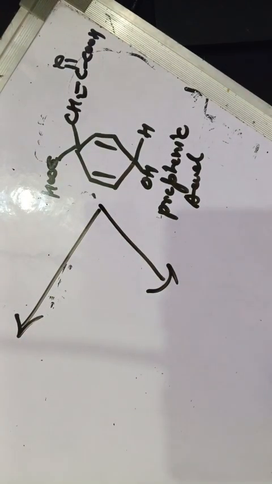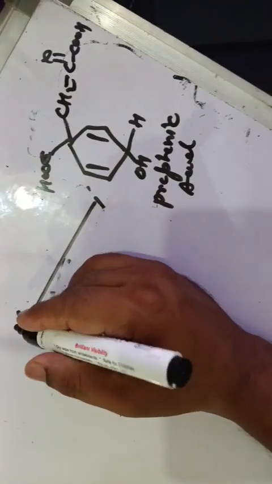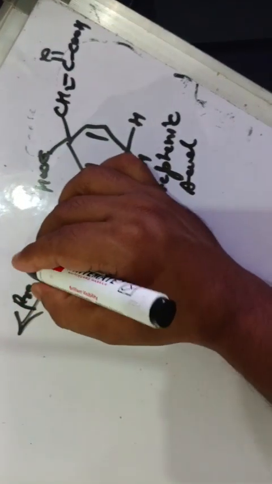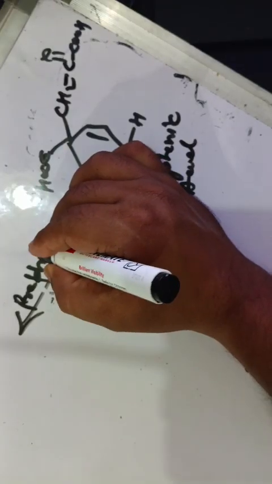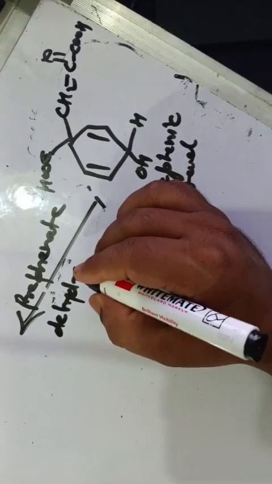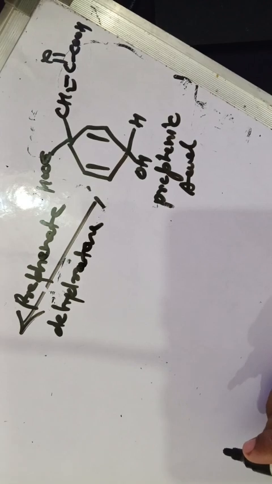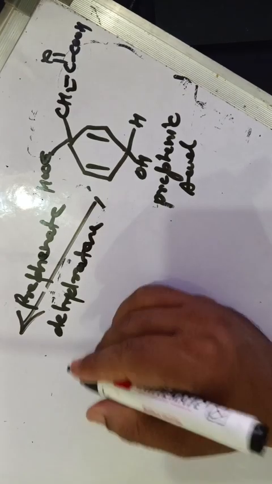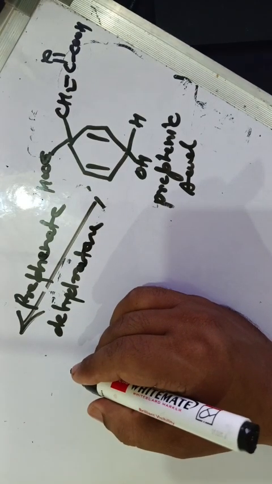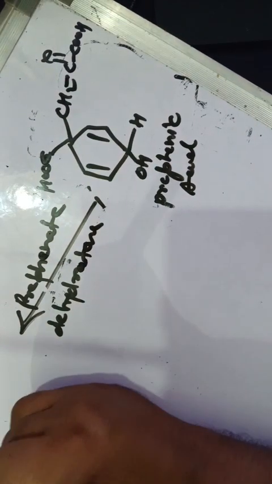When we are using the prephenate dehydratase enzyme, then we will get a new compound from prephenic acid, that is phenylpyruvic acid.